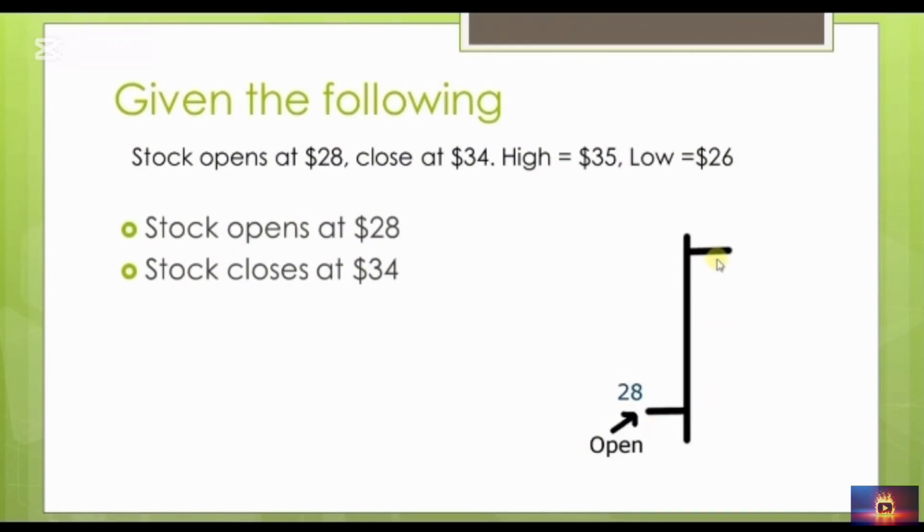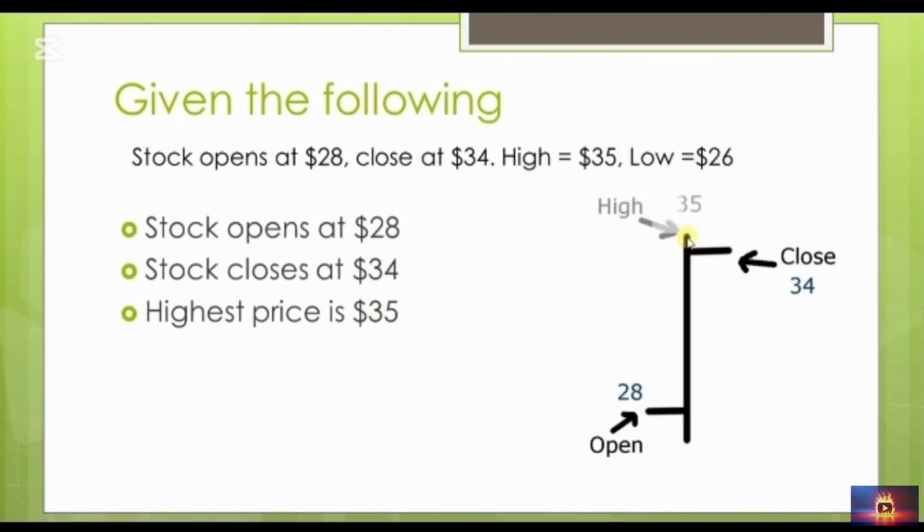The right horizontal line will show the closing price of the stock. So this point will indicate the closing price of $34. The highest price is $35, and this is indicated by the top of this line. Here at this point, this indicates the highest price of $35, and the lowest price the stock went for the day is $26. So it will be indicated by the bottom of this line. Here will show the lowest price the stock went, which is $26.